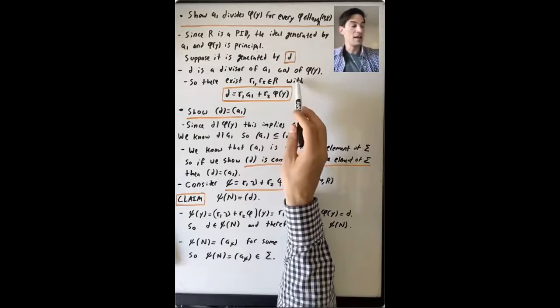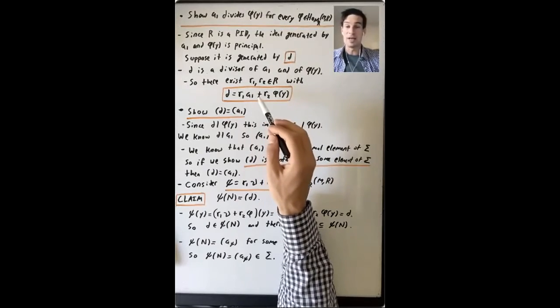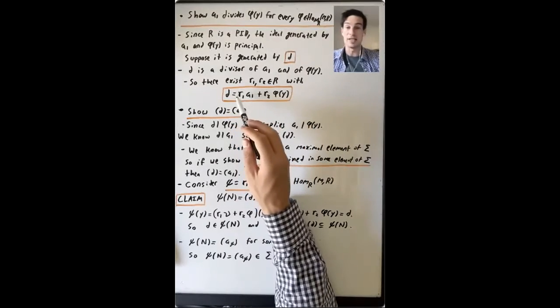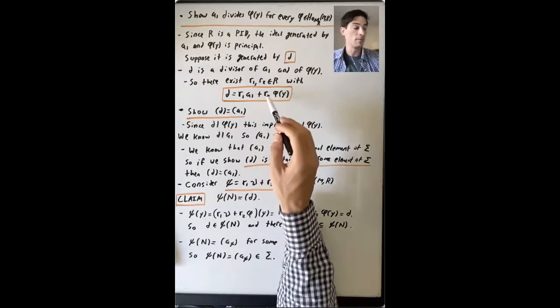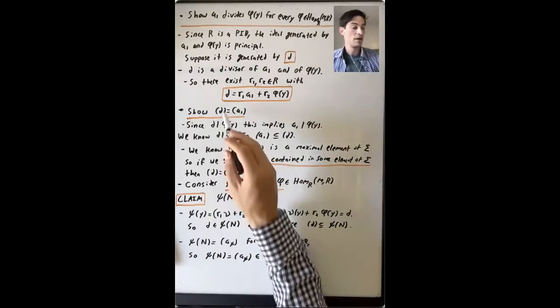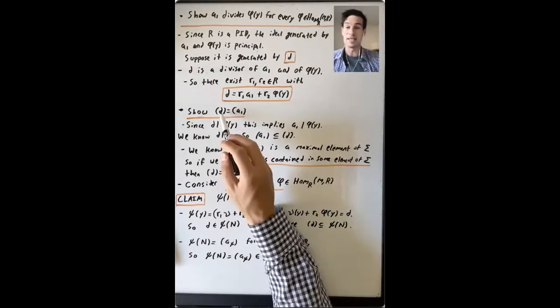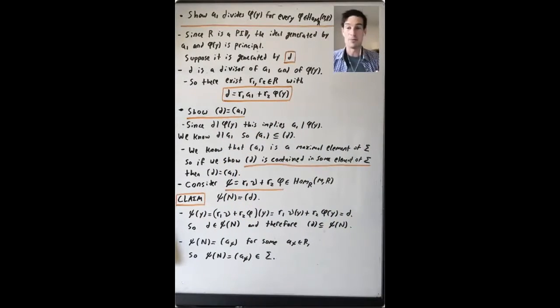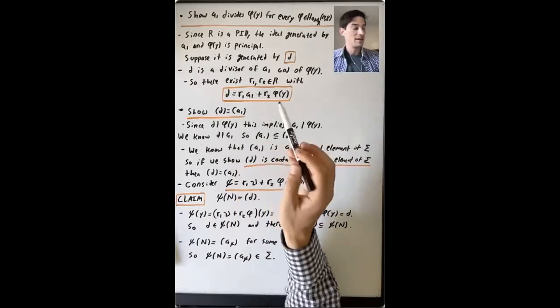So what does that mean? That means that there is an R-linear combination of these two elements giving this GCD. So d equals r1 A1 plus r2 φ of y for some ring elements r1 and r2. And now we're going to show that the ideal generated by d is the ideal generated by A1.